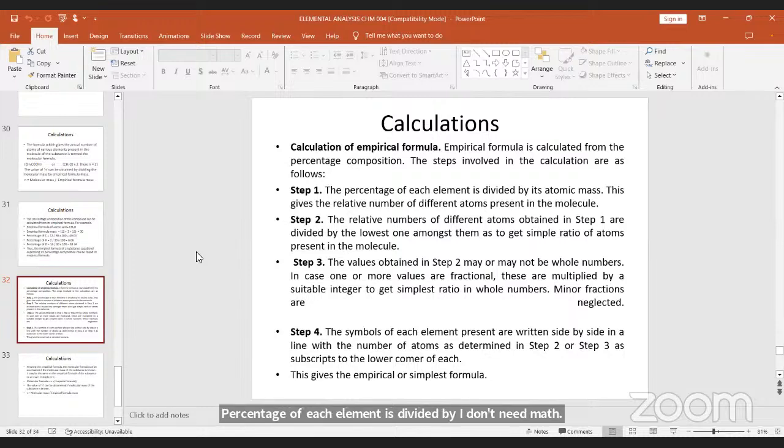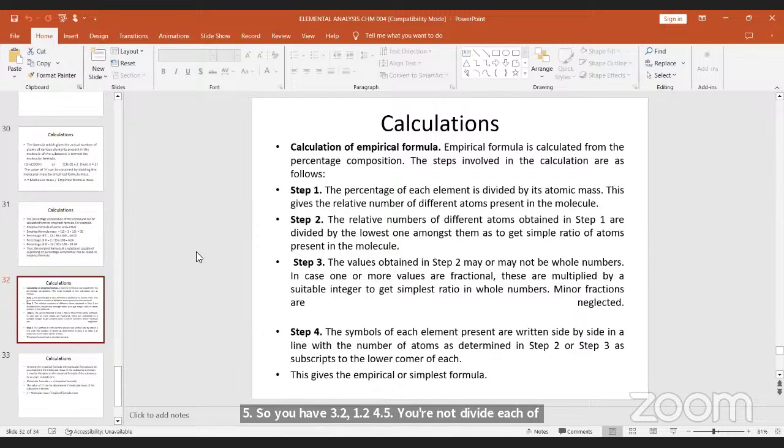Step 2: the relative numbers of different atoms obtained are divided by the lowest that you have among them. If after doing step 1 you have, for example, for carbon 3.2, for hydrogen 1.2, and for oxygen 4.5, so you have 3.2, 1.2, 4.5, you now divide each of them by the lowest.